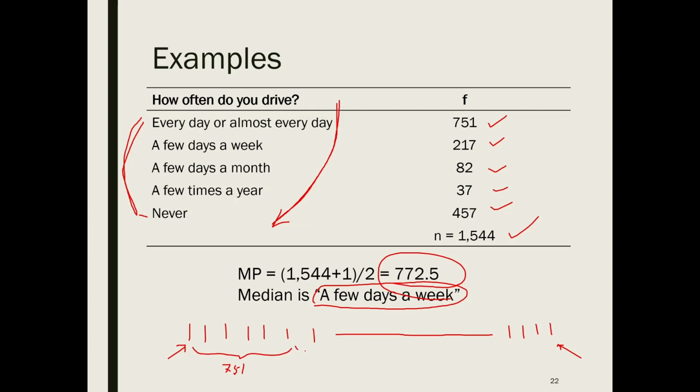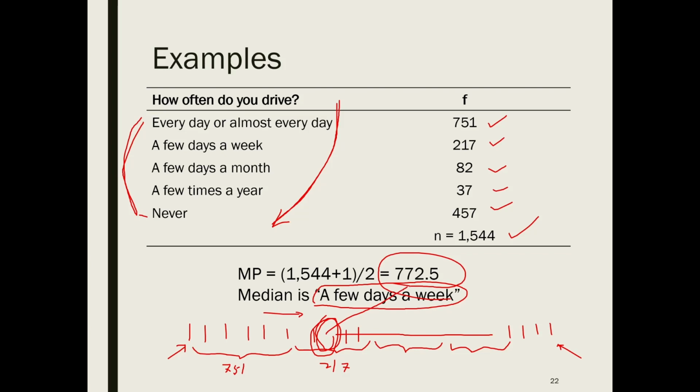After them, we have another 217 people here, right? They drive a few days a week. Then we have 82 people here, 37 people here, whatever. So the position is 772. This is 751, so it goes past this one. This is 217, so it must be somewhere in this group.